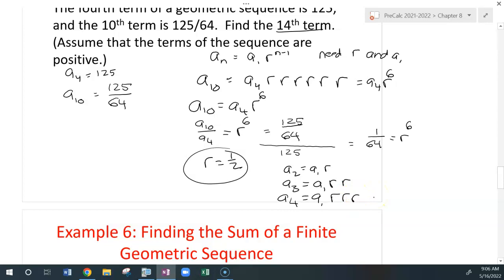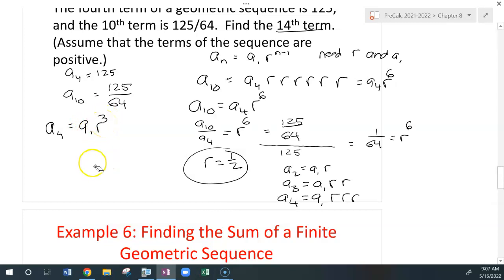So a sub 4 is going to be a sub 1 times r cubed.